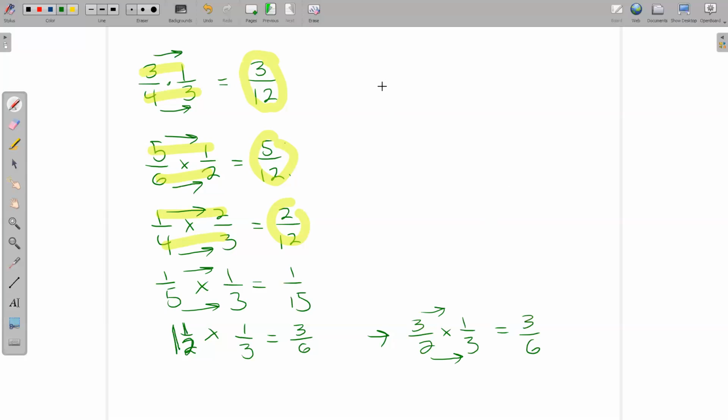When we were adding and subtracting, we had to have a common denominator. We did not have to do that here. Never came up, not once. Not when we were playing with pattern blocks, not when we were drawing the pictures. All it was a simple multiplication of numerators, multiplication of denominators. That's the algorithm.